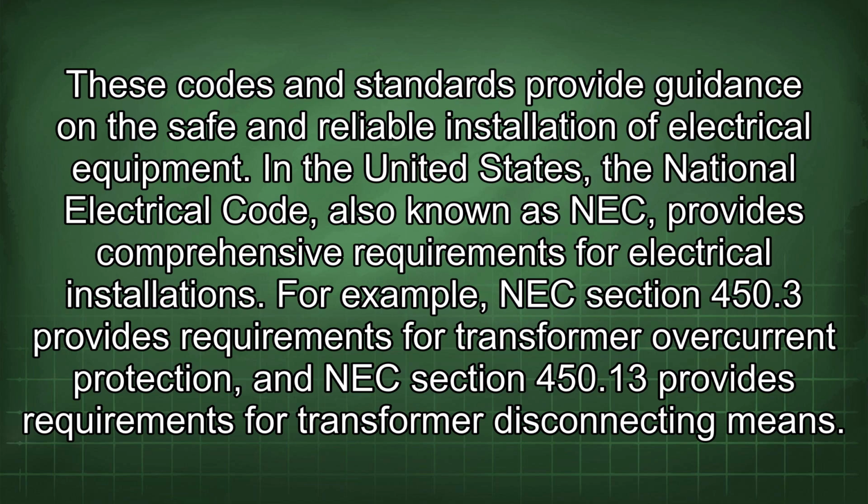In the United States, the National Electrical Code, also known as NEC, provides comprehensive requirements for electrical installations. For example, NEC Section 450.3 provides requirements for transformer overcurrent protection, and NEC Section 450.13 provides requirements for transformer disconnecting means.